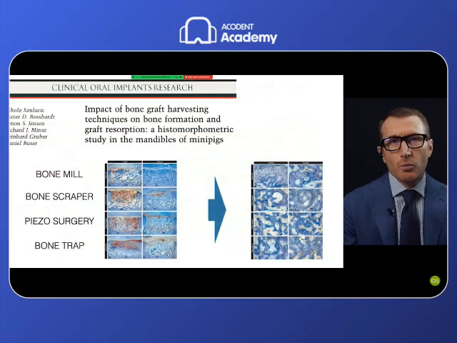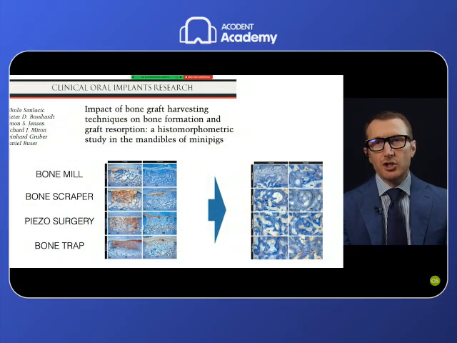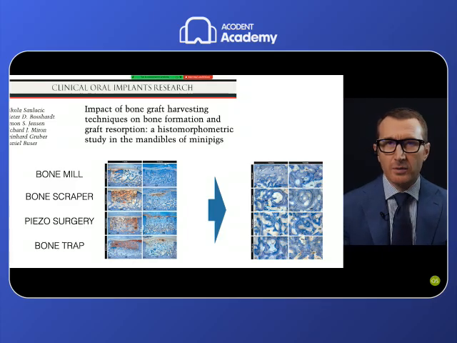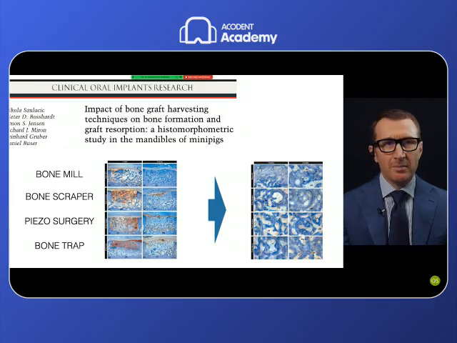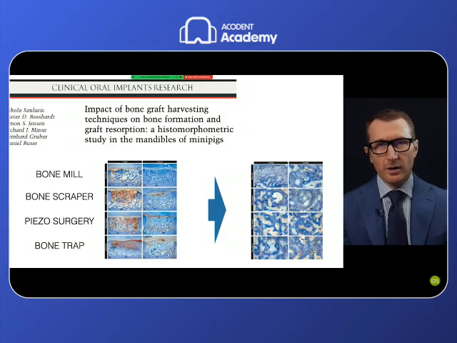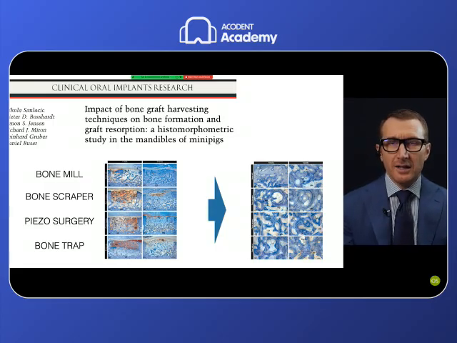So what is going to happen if we change the macroarchitecture of the block? Meaning that we take cortical bone, and we particulate this bone with a bone mill or bone scraper or other tools. What is going to happen histologically?